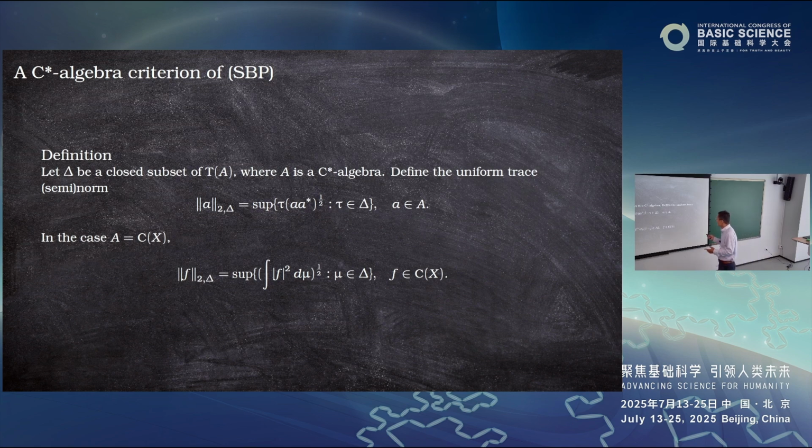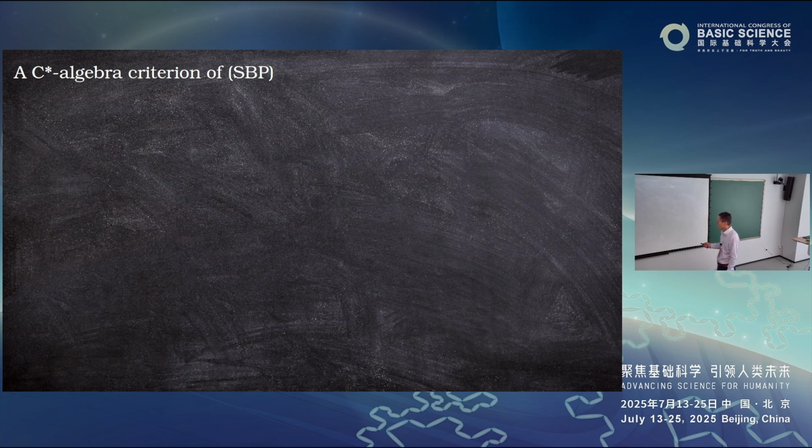Now we can use this uniform trace norm to have a characterization of the small boundary property, of course in the setting of commutative algebras.